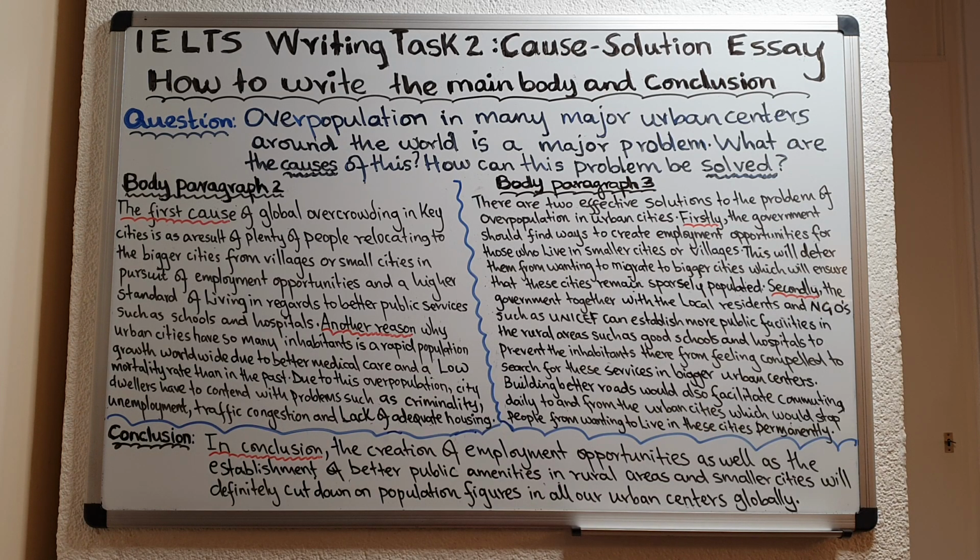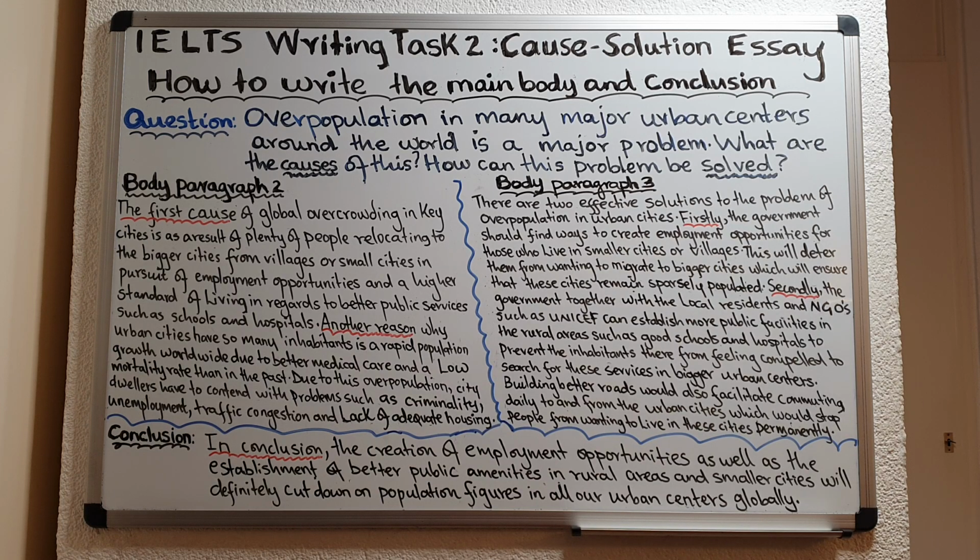So due to this overpopulation, city dwellers are people who live in cities. They have to contend with. To contend with is to put up with. And to put up with means to experience. So due to overpopulation, people who live in the city have to experience problems such as criminality, that is crime.